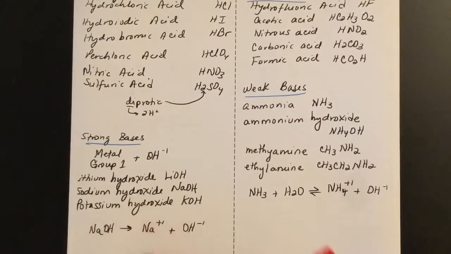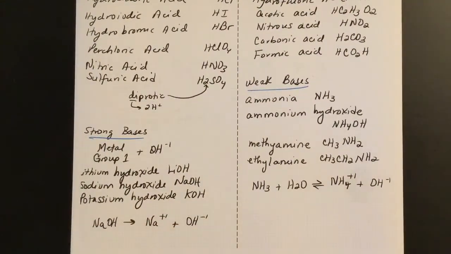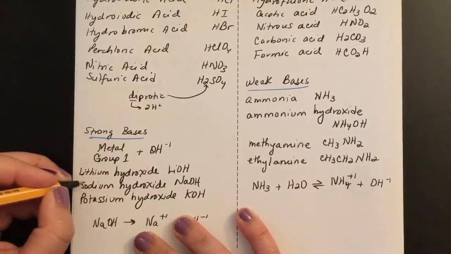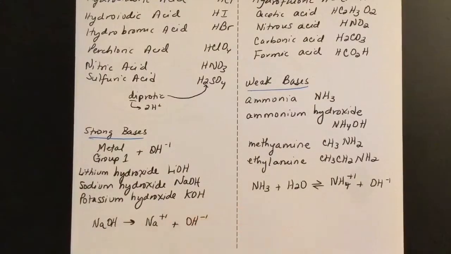Down here I have your strong bases, and these ones are easy to recognize just by looking at the periodic table. When you have the polyatomic ion hydroxide combined with a metal from group 1, and I'm writing just 3, but you can use cesium and francium, which are also in group 1, those are going to give you strong bases.